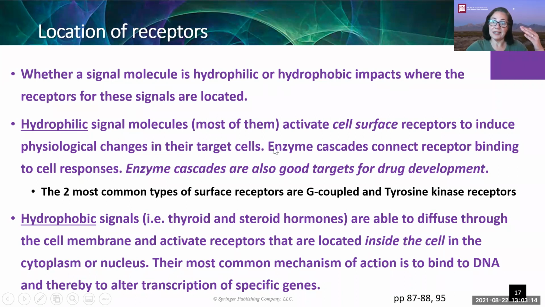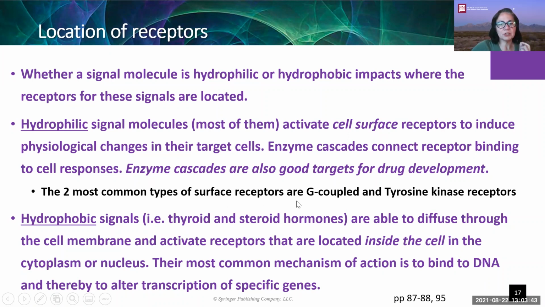Because they're on the outside, but the effect you want is on the inside of the cell, there's this cascade of reactions that ends up happening to get to the response that we're after. And it turns out that that enzyme cascade, those different steps in the enzyme cascade, are also excellent targets for drug development. That's how many more modern drugs work, is by tapping into that signaling pathway.